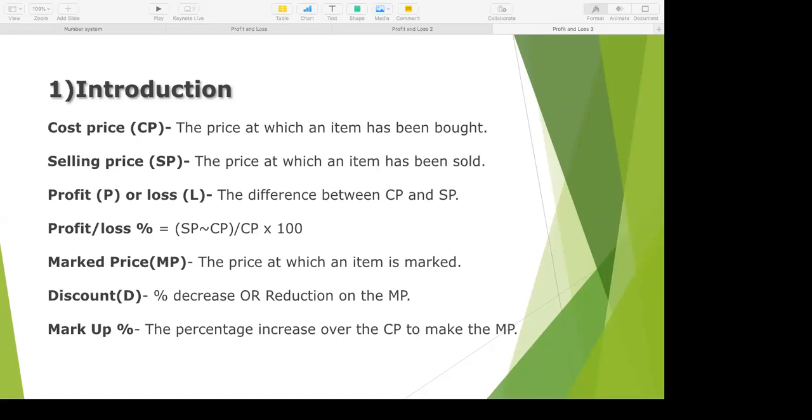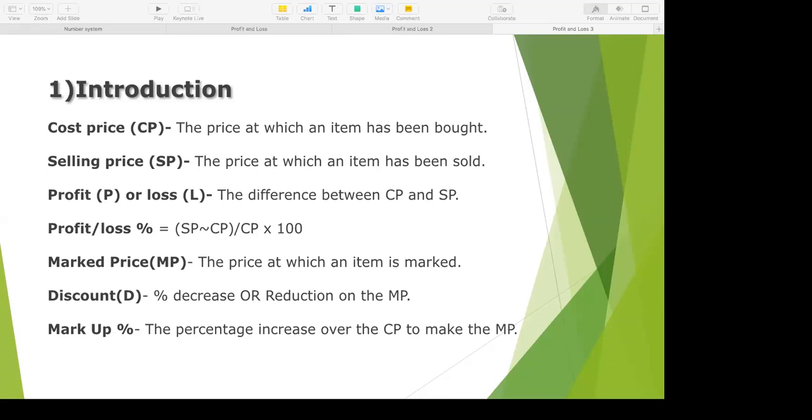What is the markup over the cost price that I want to keep? Let's say you want to put an MRP of 130 and your cost price was 100 rupees. So you want to put an MRP which is 30 rupees more than your cost price. So in that case, the markup percentage is nothing but 30%.